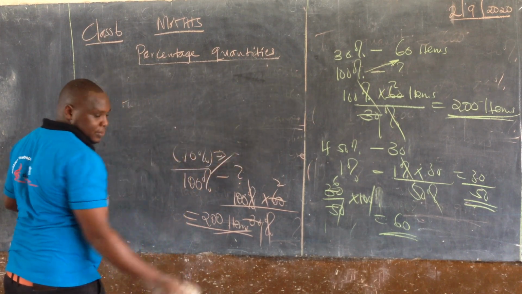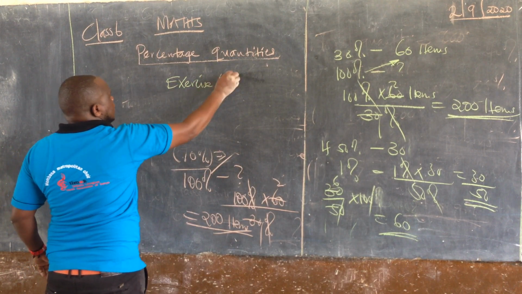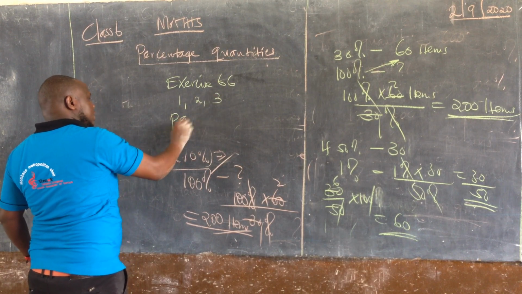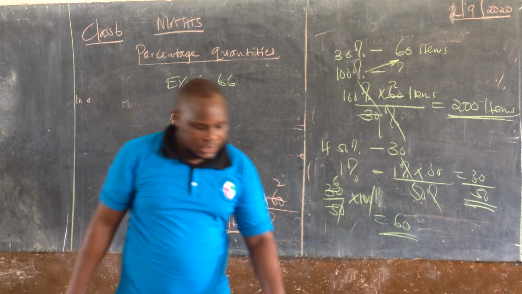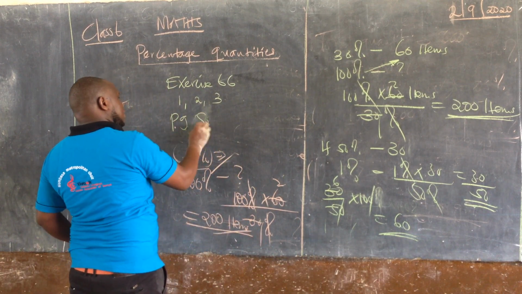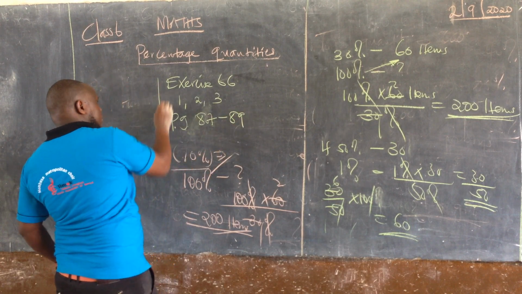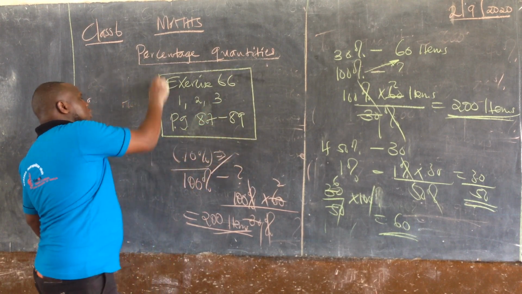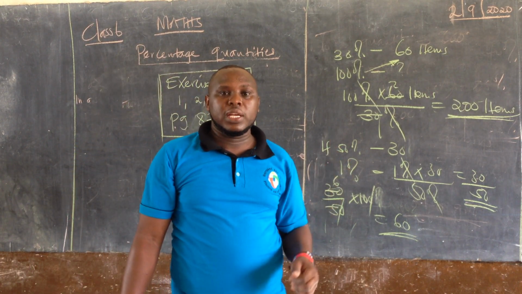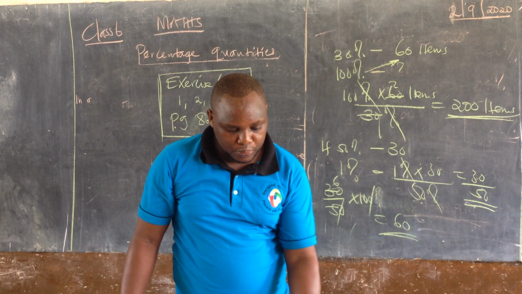That is from page 87 to 89. This is very, very important work. And I'm going to give you sample questions of how this work comes in an exam so that you can understand what exactly you're supposed to do.